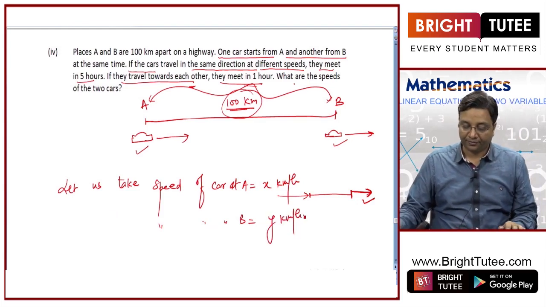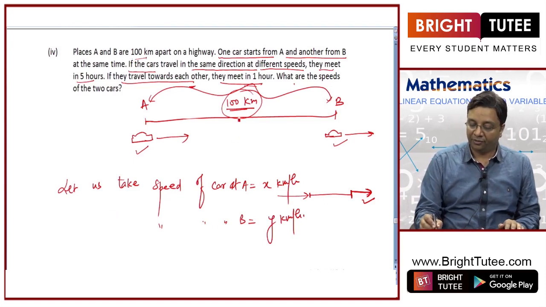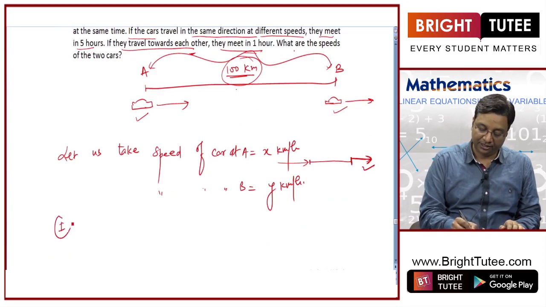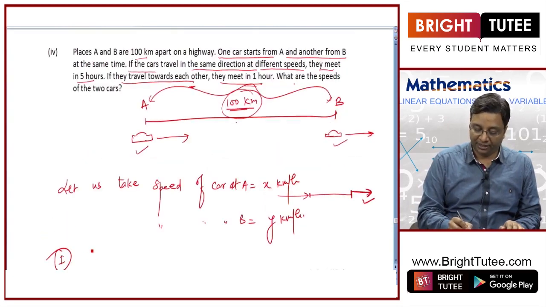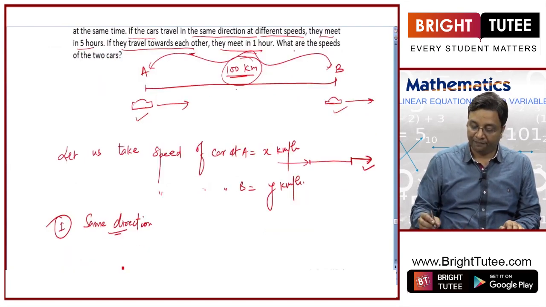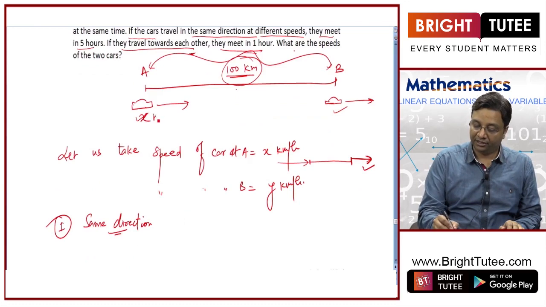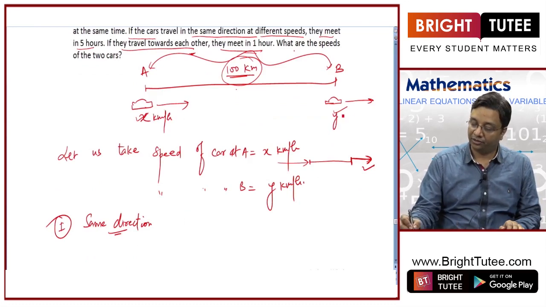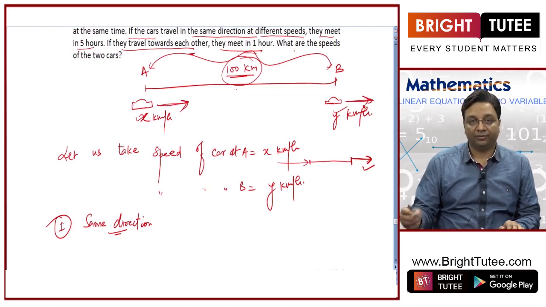There is a gap of 100 kilometers between them, and in the first scenario, when they are traveling in the same direction, let us say this car has got x kilometer per hour and this has got y kilometer per hour, and this is the direction of their travel.